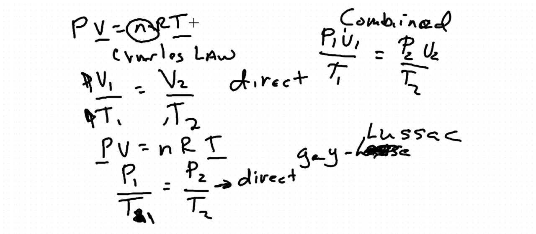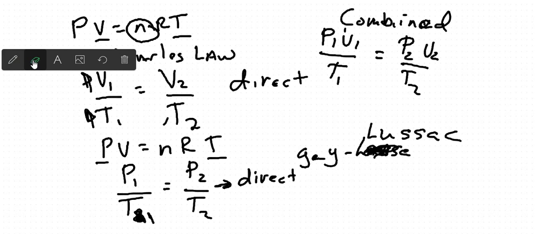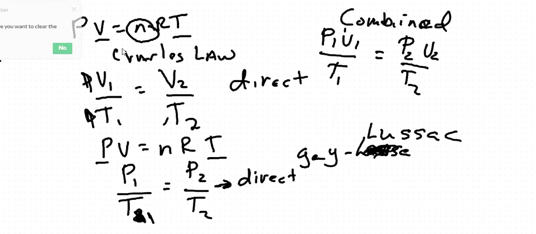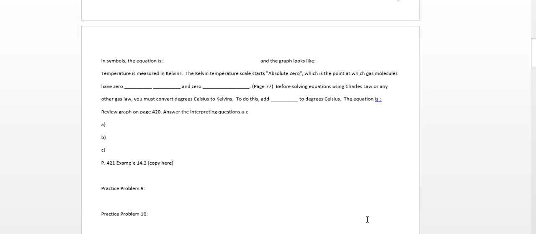So let's do some questions from your worksheet. The important thing with these worksheet questions is to just basically identify what they're giving you. So let me try to scroll down.